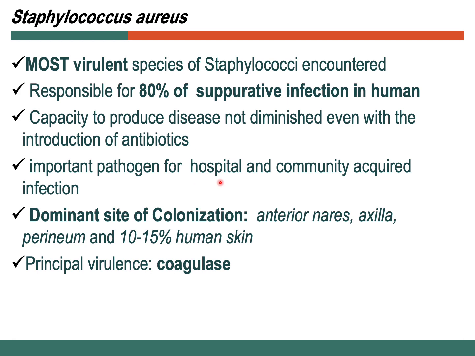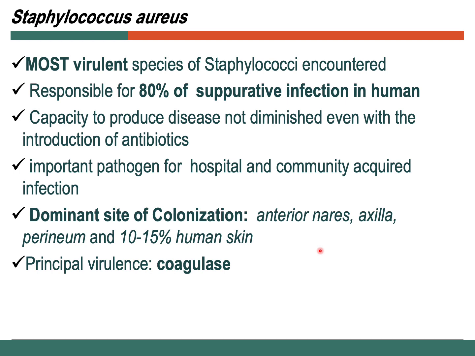Staphylococcus aureus as well is an important pathogen for hospital-acquired infection. The dominant sites of Staphylococcus aureus are your anterior nares, axilla, perineum, and even our skin. These are the areas where you can culture or get Staphylococcus aureus.